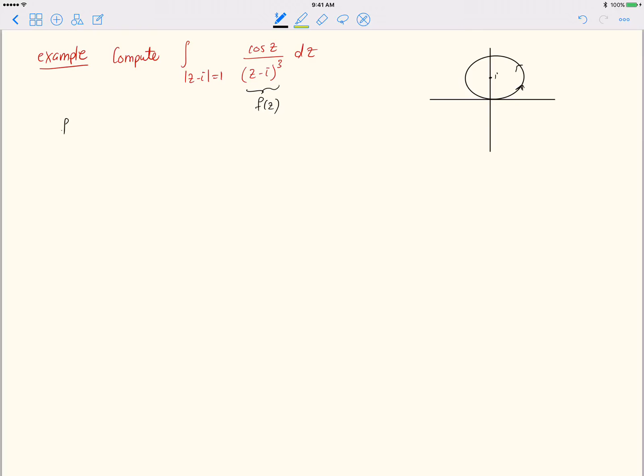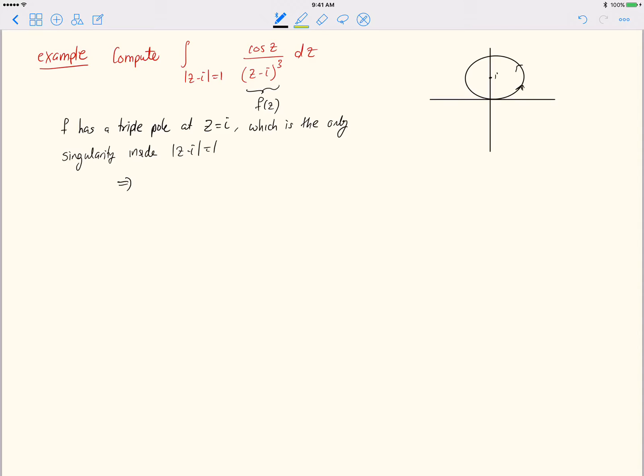So f has a triple pole at z equals i, which is the only singularity inside the curve.